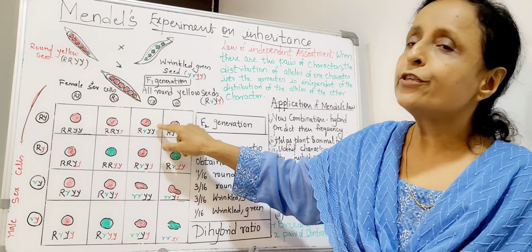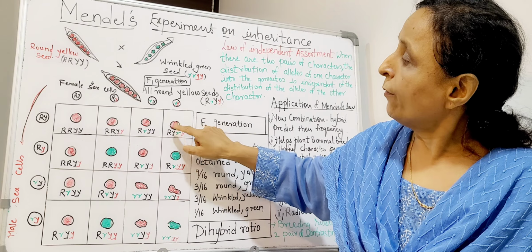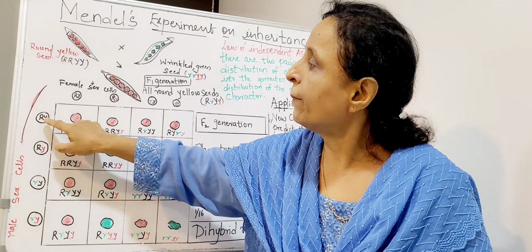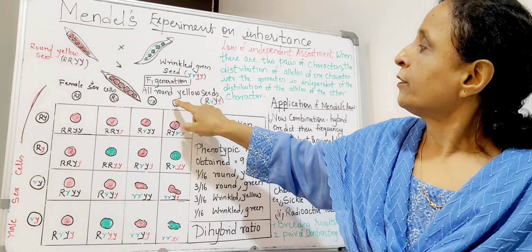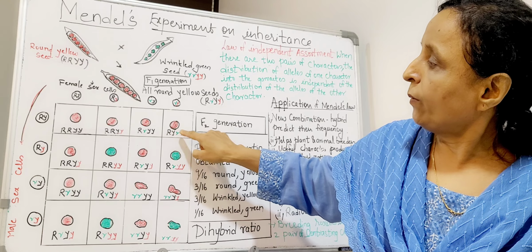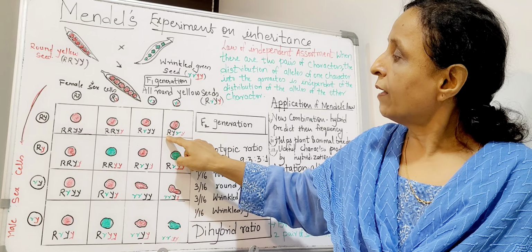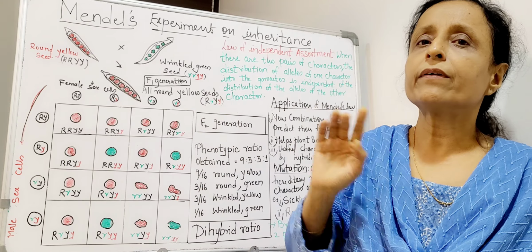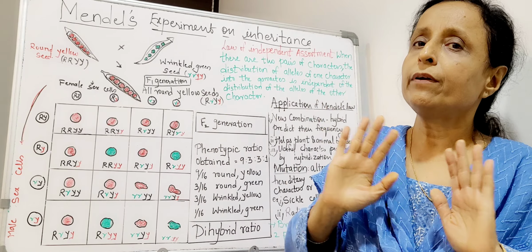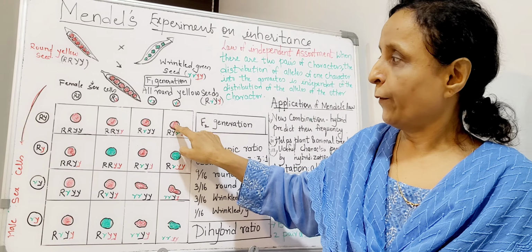So it is round and yellow. Next combination, capital R, capital Y with small r, small y. Capital R and capital Y are present, therefore it is going to be round and yellow.